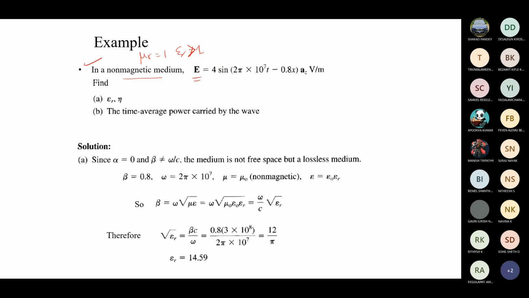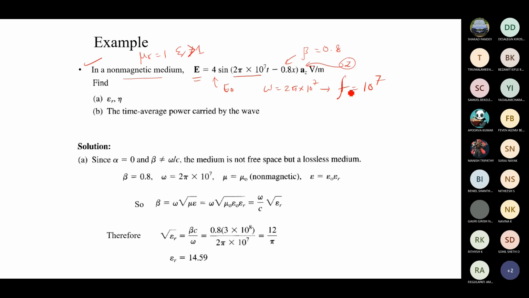And its electric field is available. From the electric field, we can easily extract the value of E naught. Omega is nothing but 2 pi into 10 power 7, so from this we can say that the frequency is 10 power 7. Time t is there, and then this term is going to be beta, so beta is equal to 0.8, and the wave is traveling along the z direction.